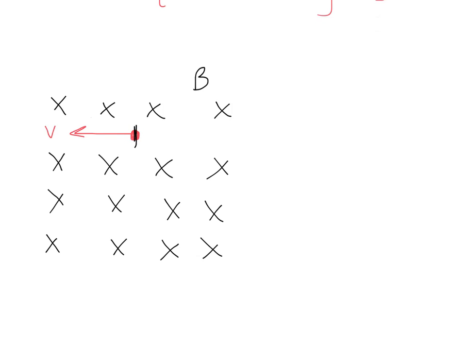B is into the page, velocity is left, it's a positively charged particle. So I put my fingers in the direction of the magnetic field, my thumb in the direction of velocity, and my palm points down, therefore the force felt would be down on this particle.